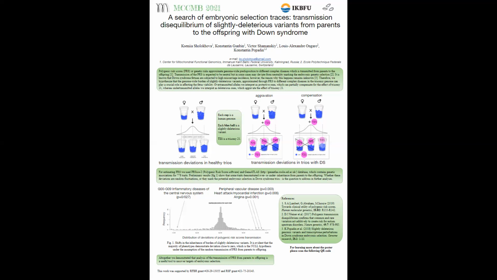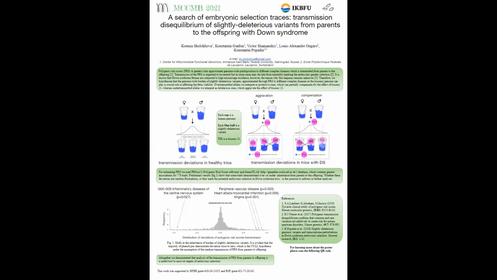We estimated polygenic risk scores, and for estimation we used PRSice, which is polygenic risk score software, and the GeneATLAS database, which contains genetic associations for 778 phenotypes, or traits. Preliminary results in figure 1 show that some traits demonstrated over- or under-inheritance from parents to the offspring, such as inflammatory diseases of the central nervous system, peripheral vascular disease, heart attack, myocardial infarction, and angina.